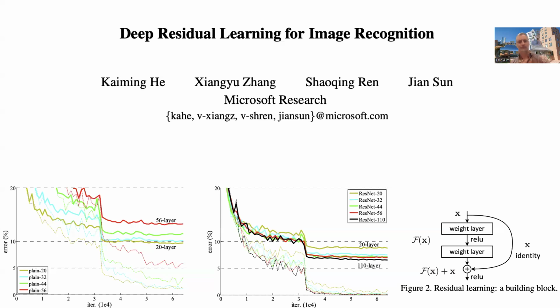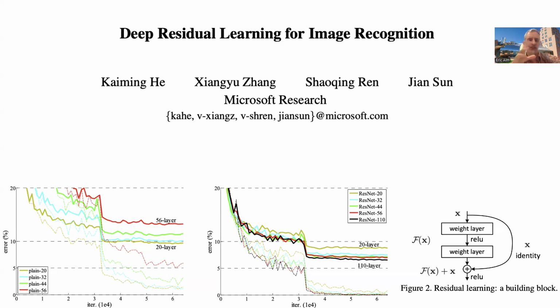And what they found initially was that the more layers they put in their network, in many cases, the worse it would get.